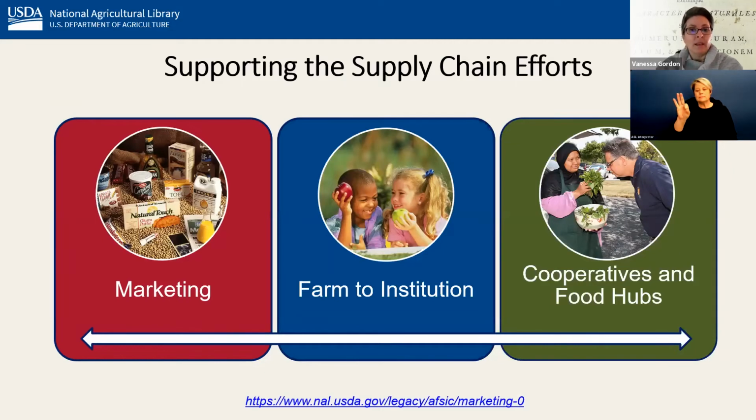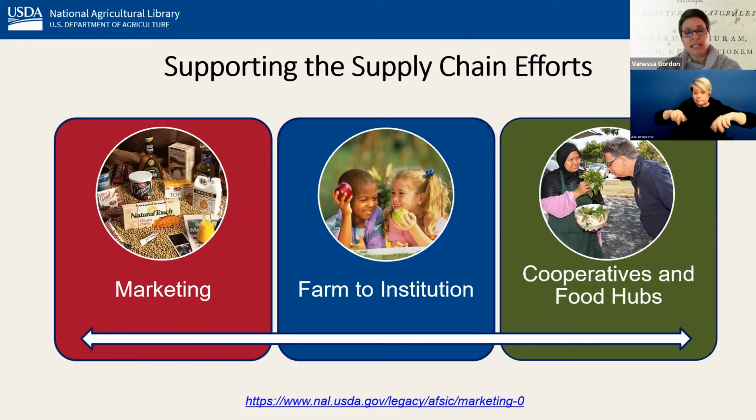So getting into the meat of things, how are we trying to support, or how can some of the information we are providing today support supply chain efforts? So marketing channels and business options for small scale producers are as diverse as the enterprises behind them.